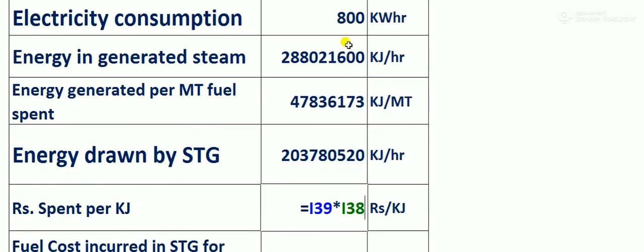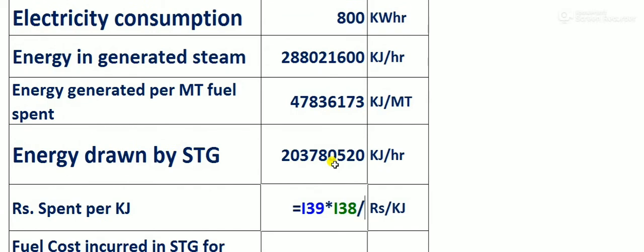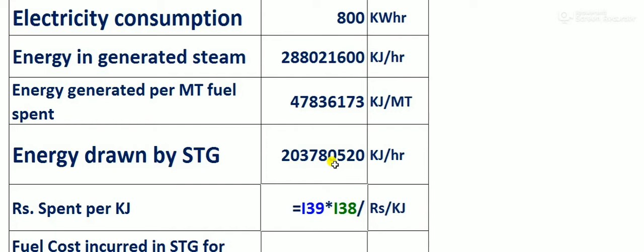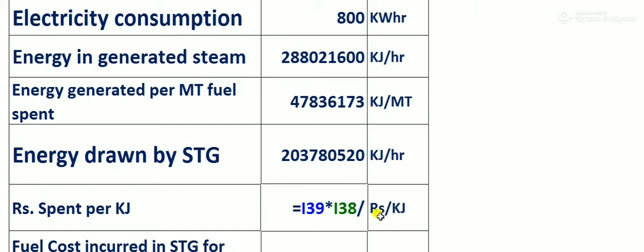Rupees per hour is there, divided by kilojoule per hour. We need it in rupees per kilojoule, right?